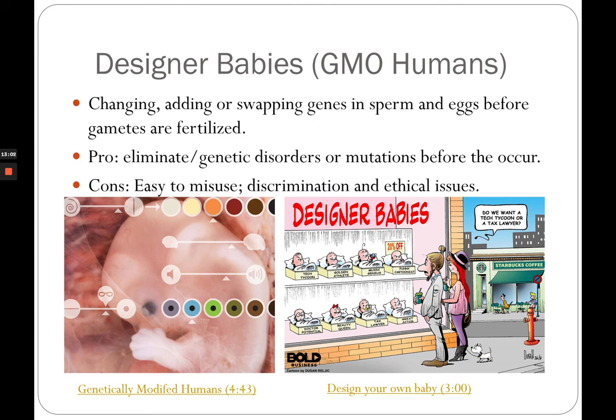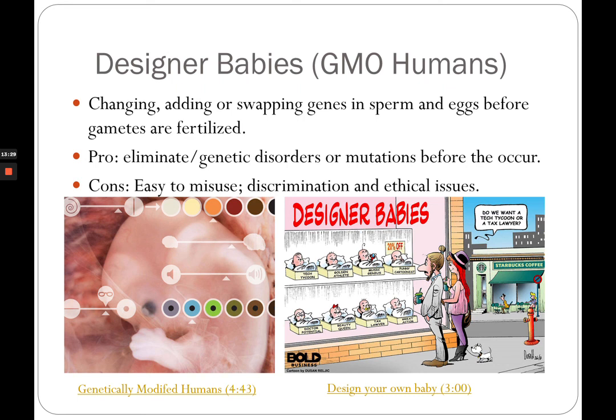So we're not there yet, but if you imagine that we were, you can potentially determine what your child looks like before they're even conceived, by changing, adding, swapping, replacing certain genes in a sperm or egg before those sex cells fertilize.